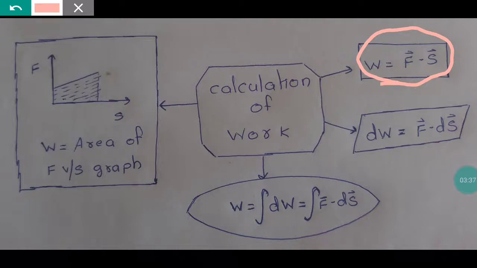In that case, the work done is calculated as dW is equal to vector F dot dS. Okay, now see here in this equation, the work done is small because the displacement is small. In this equation, I can never take force to be small, right?